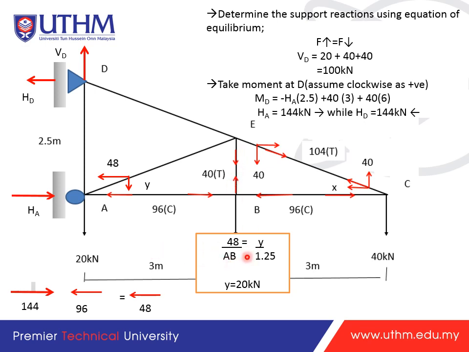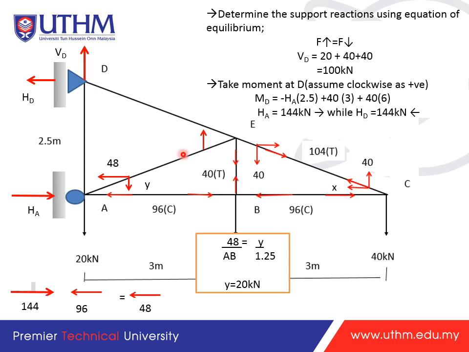AB equals Y divided by the Y direction, which is the length from here to here, which is 1.25. So we will get Y is 20.